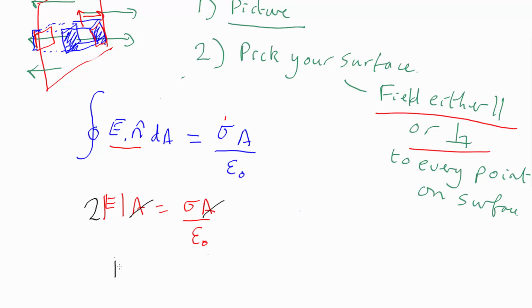So the mod of the electric field is just sigma, the charge density, over 2 epsilon naught. And that's the answer, which is a remarkable one. It's telling us that the electric field is constant. It doesn't depend where you are. It's always got this magnitude, whether you're close to the infinite plane or very, very far away. And it's going to be the same but in opposite directions.